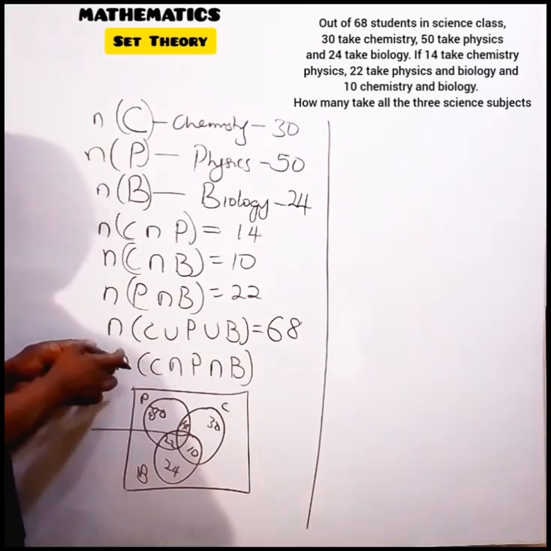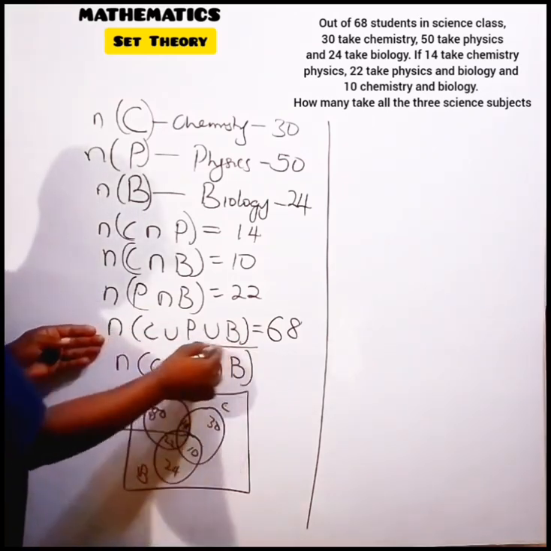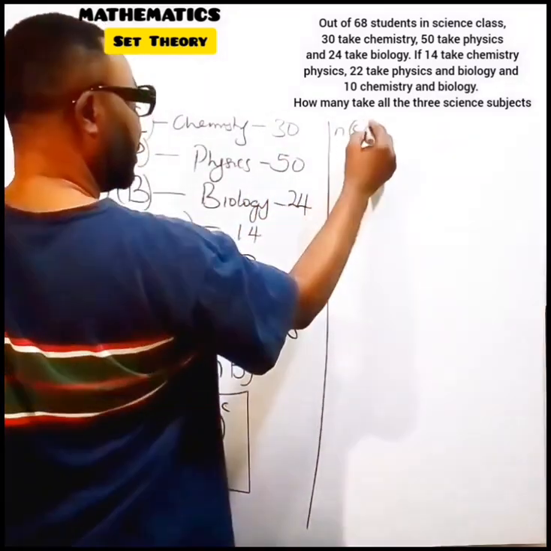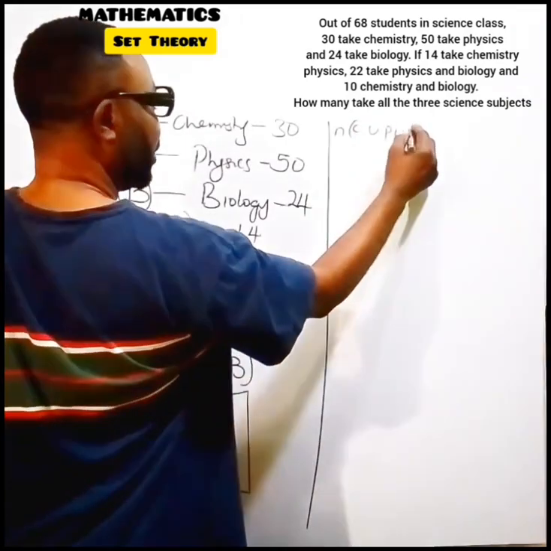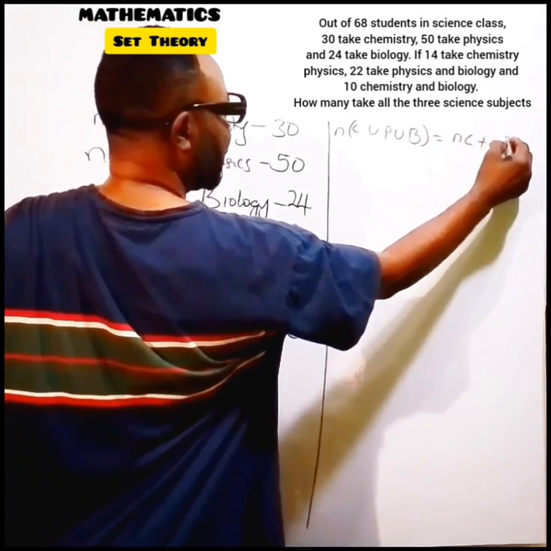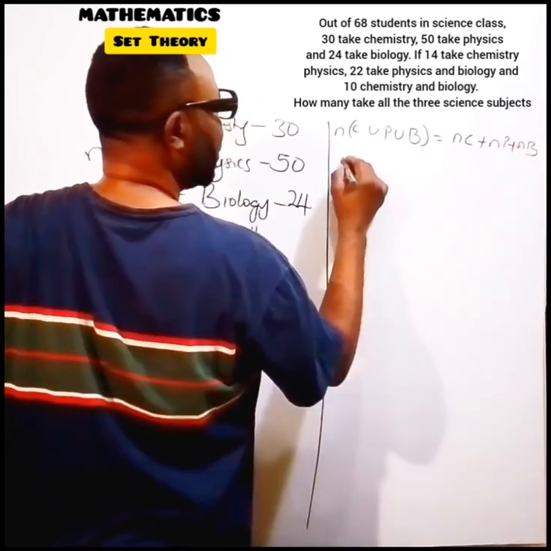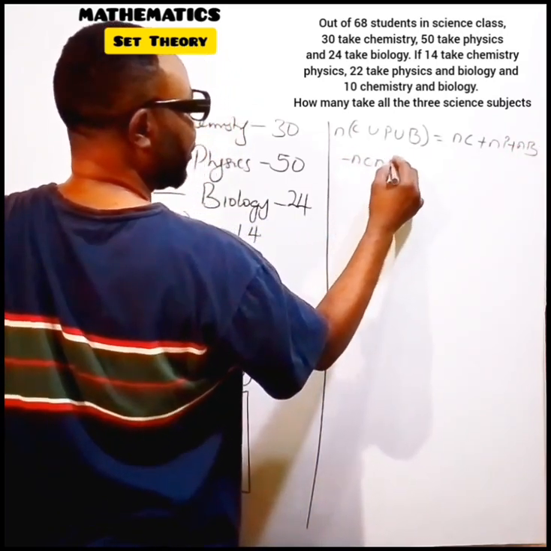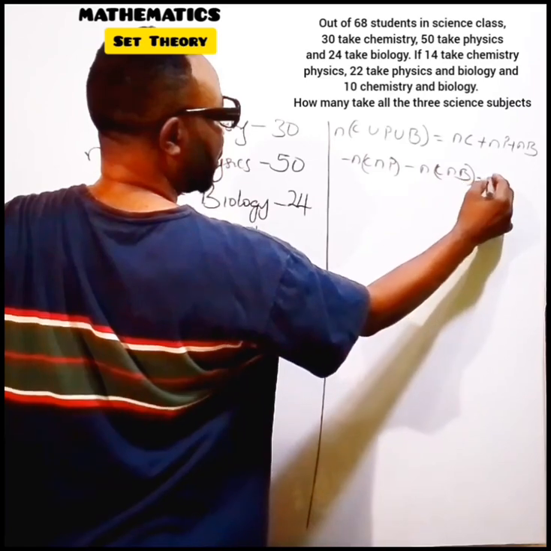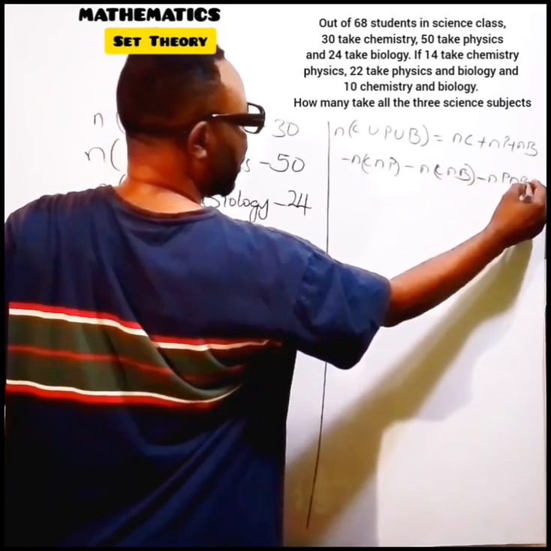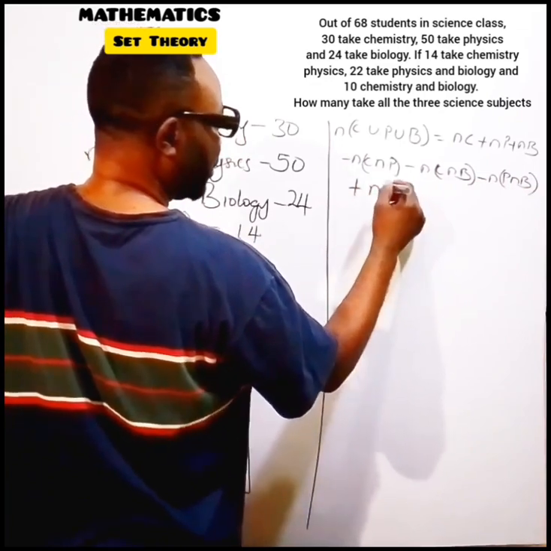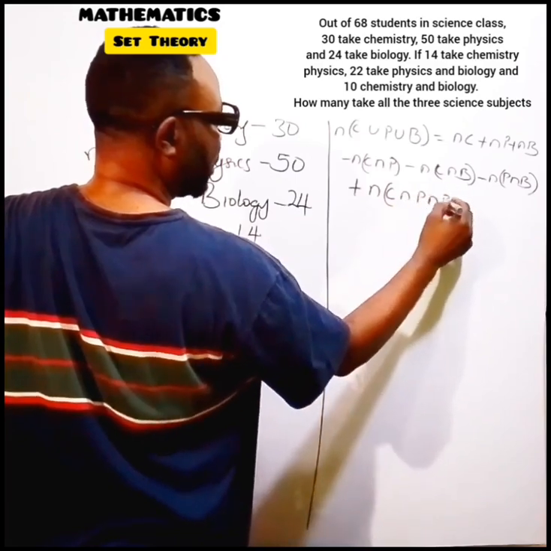Now, we are going to make use of this particular formula. The number of chemistry union physics union biology is equal to the number of chemistry plus the number of physics plus the number of biology, minus the number of chemistry intersection physics, minus the number of chemistry intersection biology, minus the number of physics intersection biology, plus the number of chemistry intersection physics intersection biology.